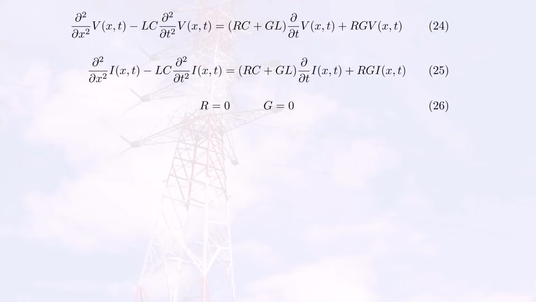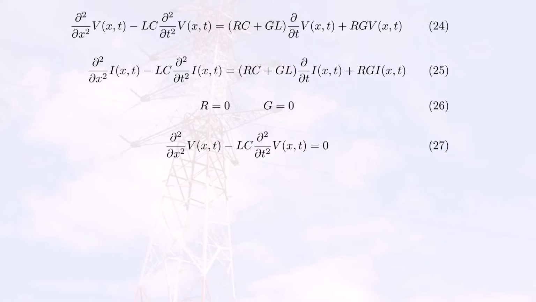If we assume that R and G are 0, some elements are 0, multiplying the partial derivatives and the functions, and the result is this equation 27, which is known as the wave equation.